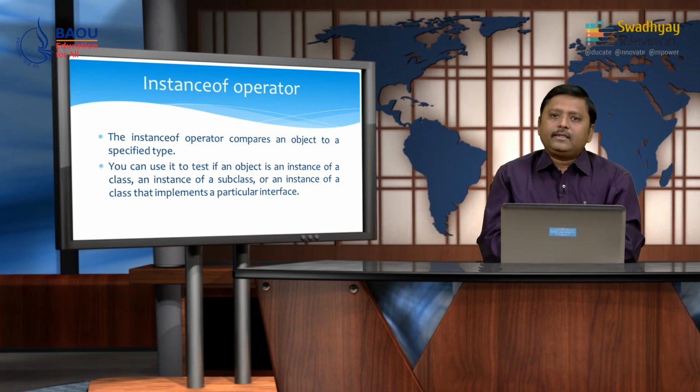So, we will discuss this instanceof operator when we learn inheritance later on, but right now we can remember that the instanceof operator is used to check whether a particular object is of a given type or not.